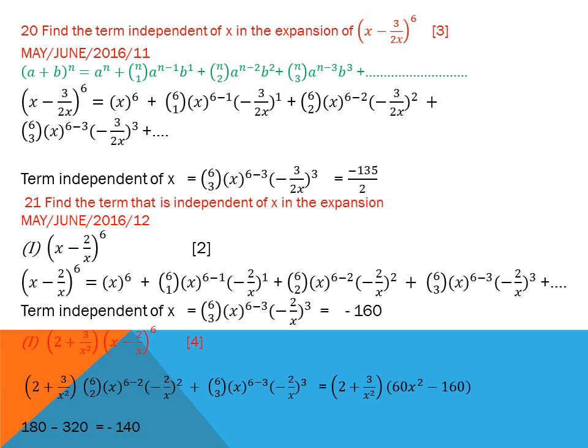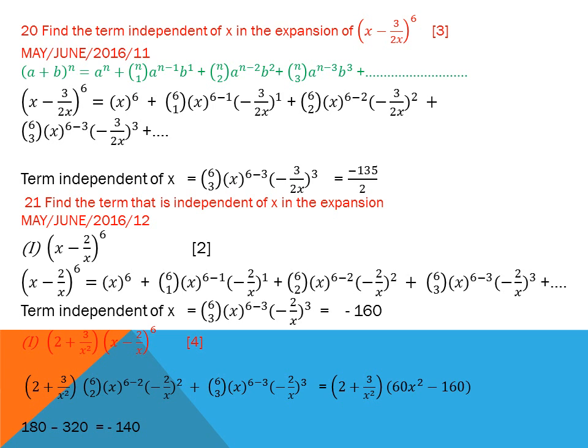When I expand this, a is x and b is minus 3 over 2x here and n is equal to 6. x power 6 plus 6C1 x power 5 minus 3 over 2x plus 6C2 x power 6 minus 2, minus 3 over 2x square plus 6C3 x power 6 minus 3, minus 3 over 2x cube. Here 6 minus 3 will become x power 3 and 3 over 2x also will become x power 3.